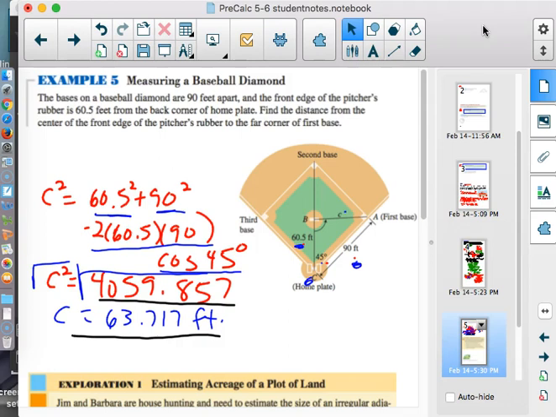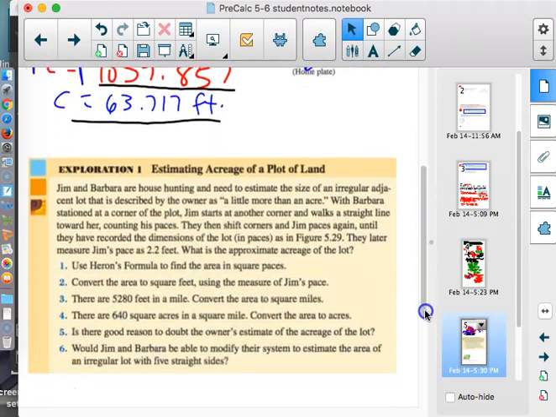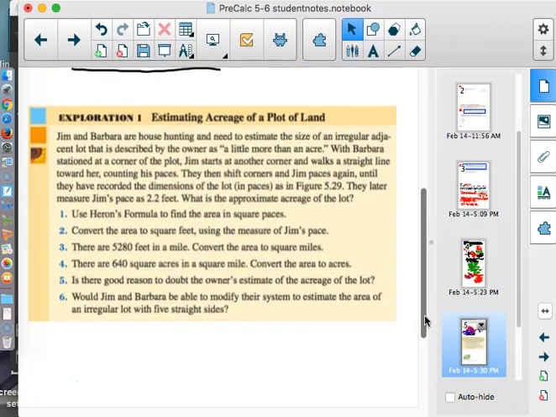with real life applications. So now, this problem looks like a monster. The good part is we have different parts, 1, 2, 3, 4, 5, 6 to this one. So Jim and Barbara are house hunting and need to estimate the size of an irregular adjacent lot that is described by the owner as a little more than an acre. With Barbara stationed at a corner of the plot, Jim starts at another corner and walks a straight line toward her, counting his paces.